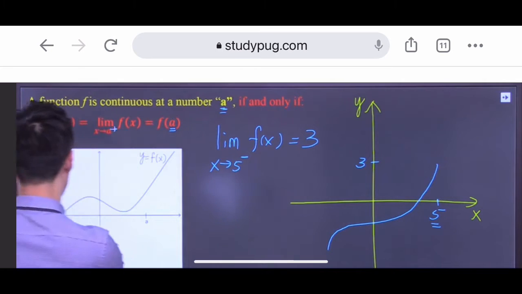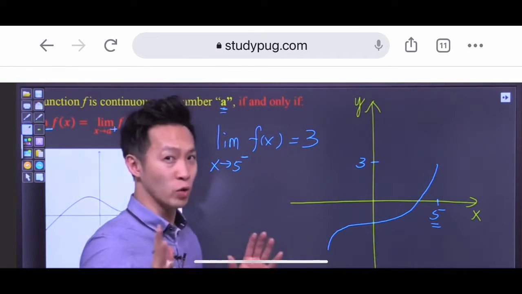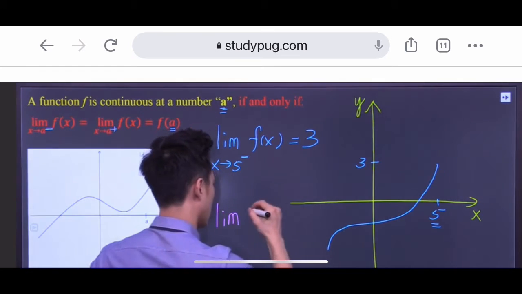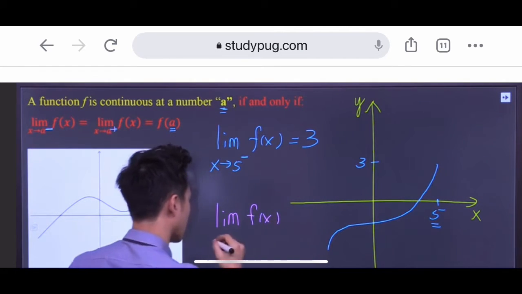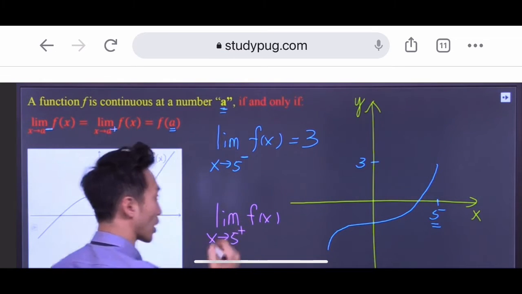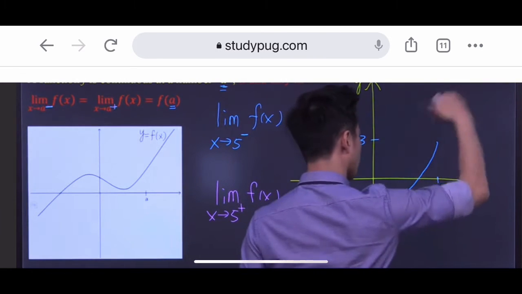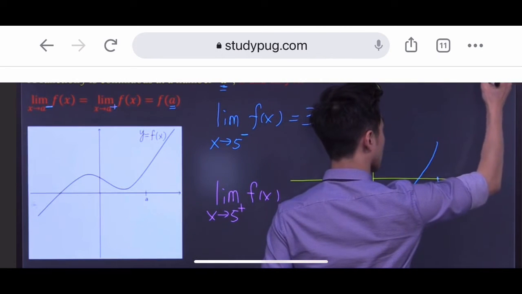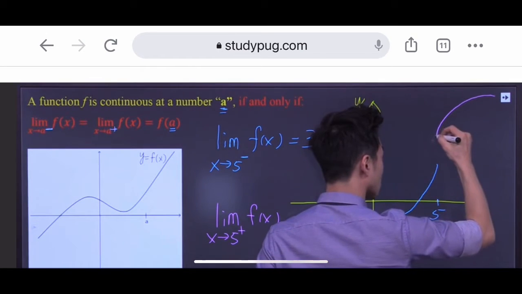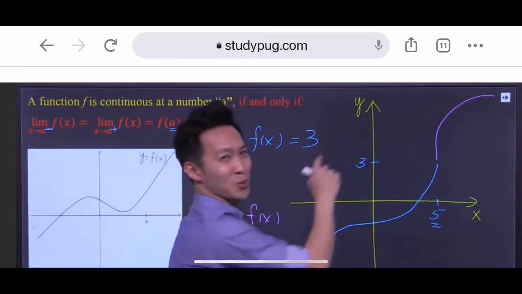Now, in order for the function to be continuous at 5, we must make sure that if we take the limit of f of x as x approaches 5 from the positive direction, the function must also get closer and closer to the value 3.